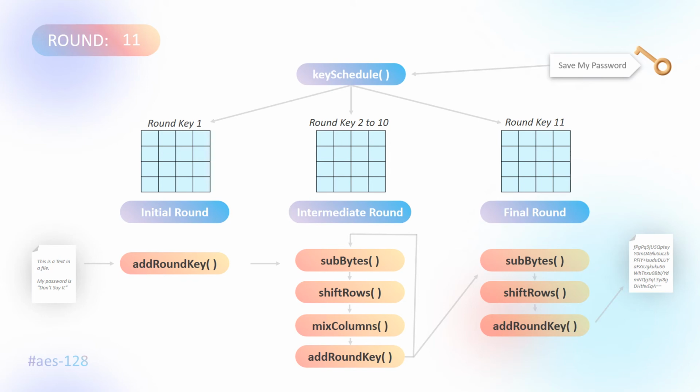Similarly, AES-192 includes 13 rounds and AES-256 includes 15 rounds.